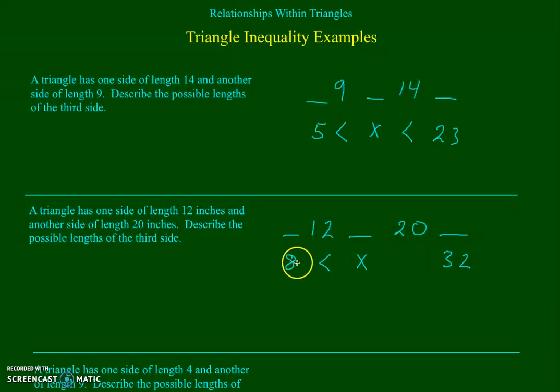So this number has to be greater than 8. And 12 plus 20 is 32. So the number is going to have to be less than 32. So in this case, our possible side lengths for the third side are between 8 and 32, non-inclusive. That is a number greater than 8 and less than 32. So let's go look at another example.